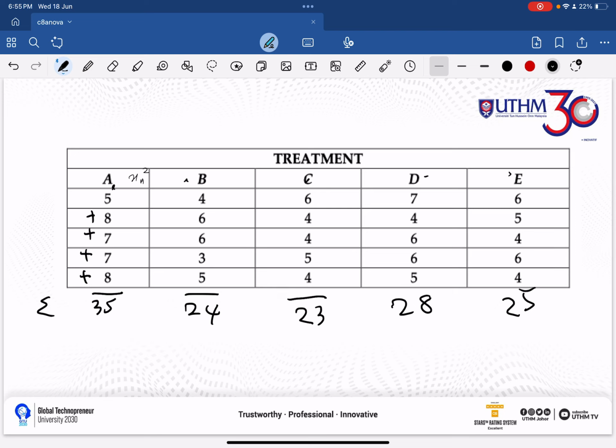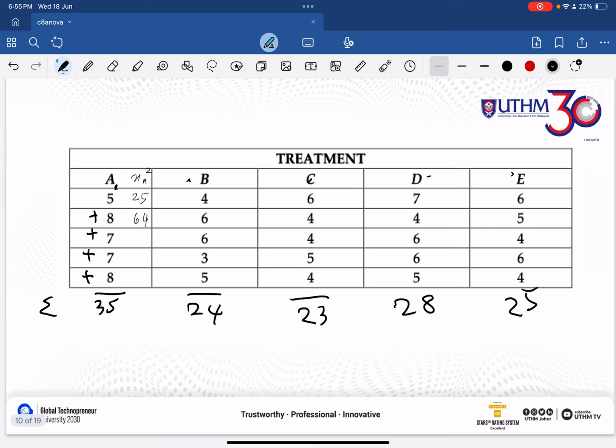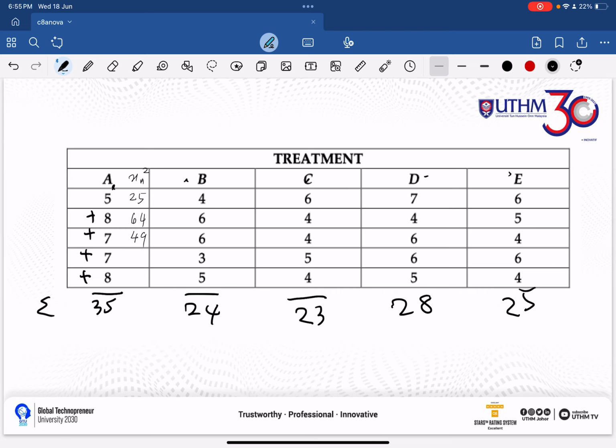So 5 squared is 25 plus 64 plus 49 plus 49 plus 8 squared is 64. So you total up this one, you will get what? Let me calculate. 25 plus 64 plus 49 and then plus 49 plus 64. You get 251.